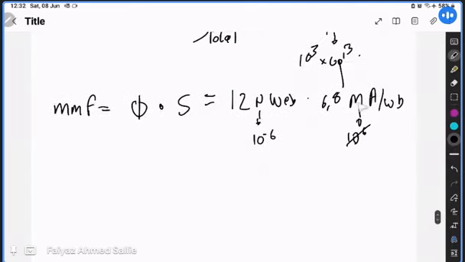So those are going to cancel each other out, and we're going to have 12 times 6.8, and we have an answer of 69 amps.